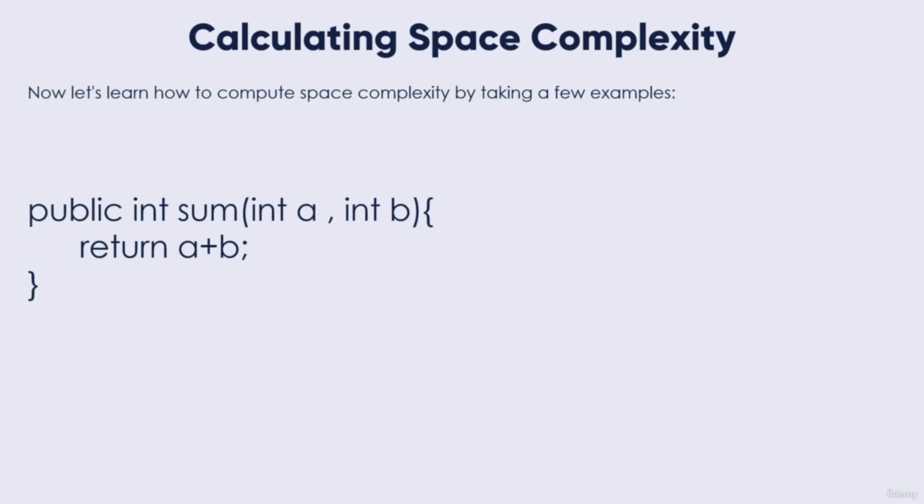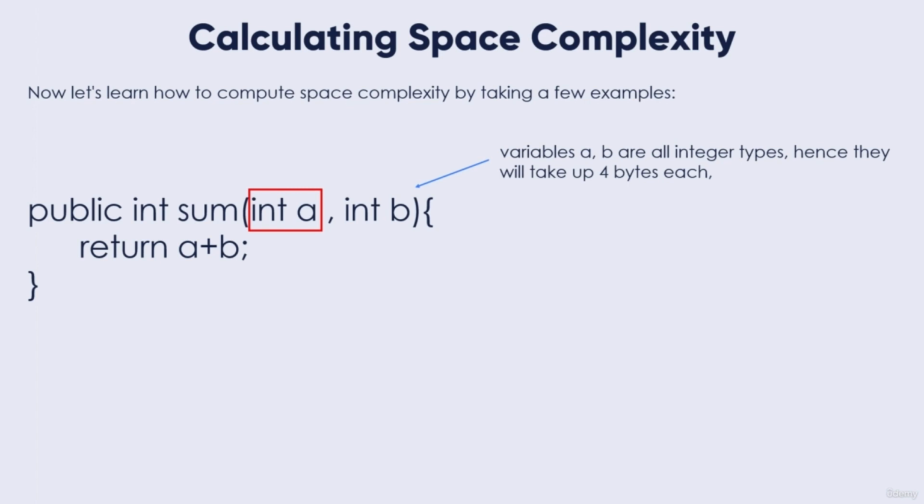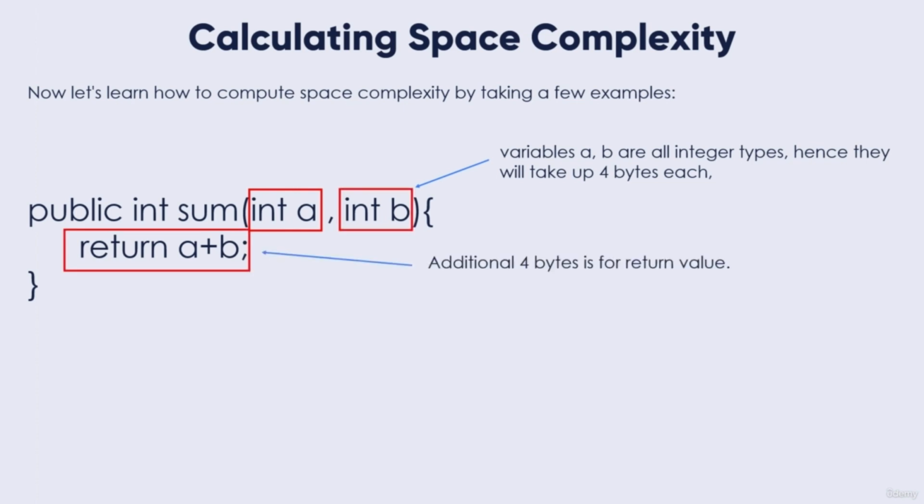So int a here is a variable, and we said that an int takes about 4 bytes in memory. So the variables a and b are integer types, hence they will take 4 bytes each.